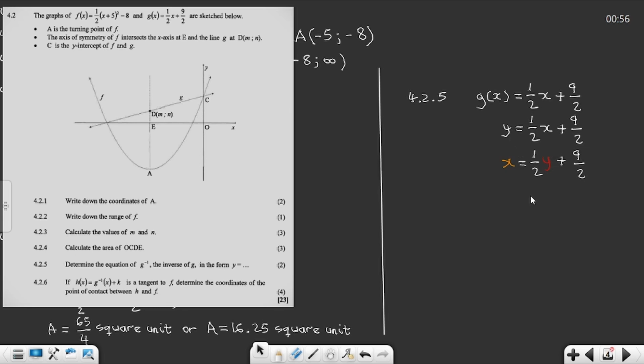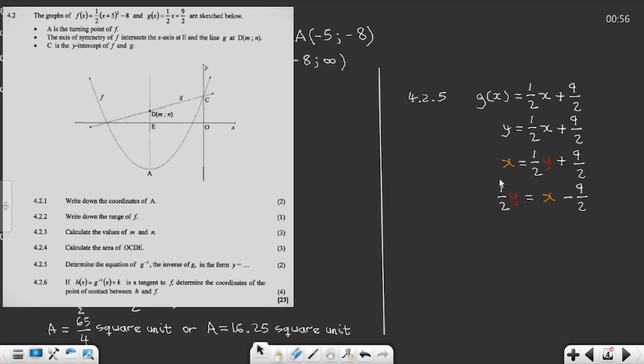Now you can solve for y. You have 1 over 2y there, which is equal to x. And you bring this 9 over 2 to the other side. It becomes -9 over 2. Can you see that? And now you continue. You want to solve for y. To solve for y, you have the coefficient of 1 over 2. You are going to multiply by 2 throughout so that you can solve for y.